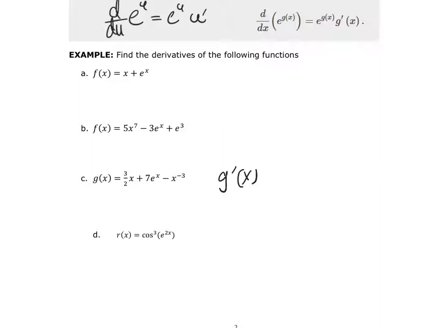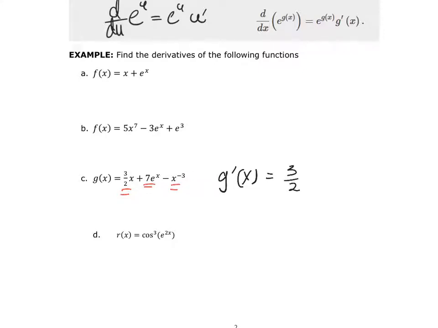G prime of x, or dy/dx, or y prime, is equal to, I'm going to do the derivative of each one of these individually because what's happening here is there is addition or subtraction between them, so I don't have to worry about the product rule at all. I don't have to do the quotient rule. I don't even have to really do the chain rule much. So I'm going to do the derivative of the first one, and that's linear. So it is 3 over 2x. The derivative of x is just 1. So my first term is just going to be 3 over 2.